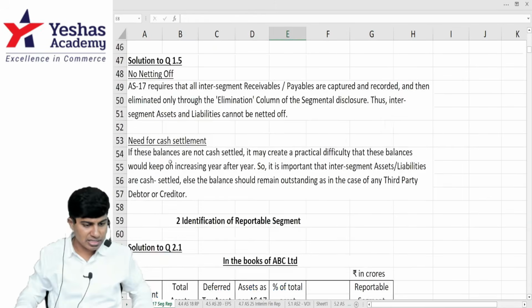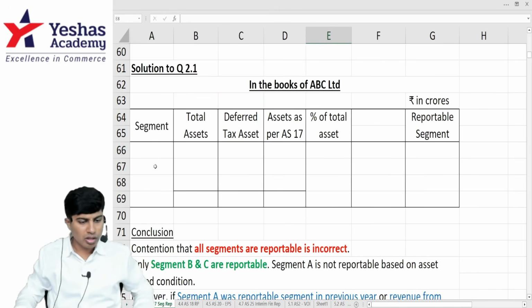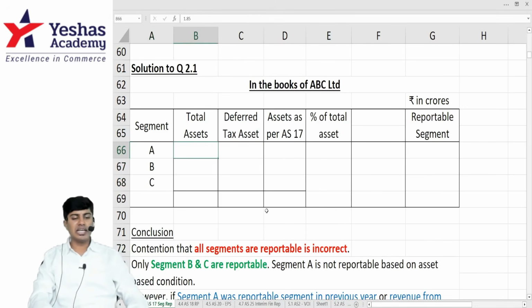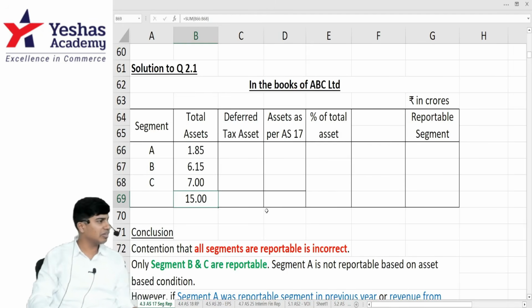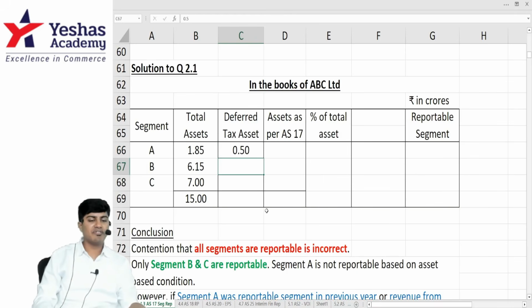Okay, help me with this. We are now going to do 2.1. What are the segments? A, B, C. Total assets 1.85, 6.15 and 7, together 15. How much is deferred tax asset of segment A? 0.5. Segment B, 0.4. Segment C, 0.3, total 1.2.